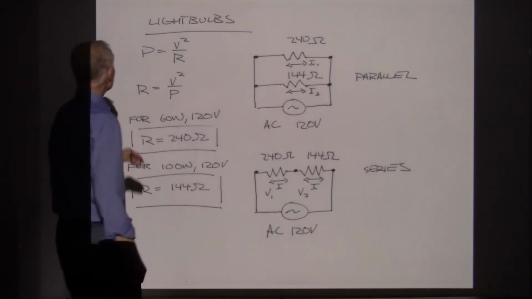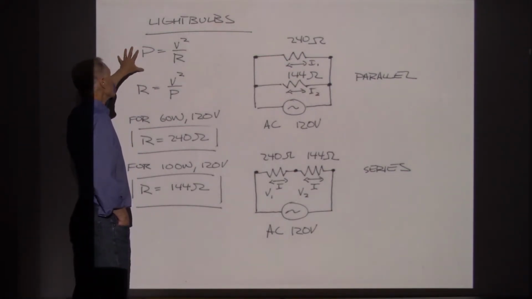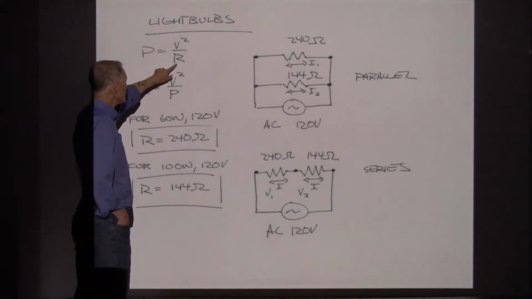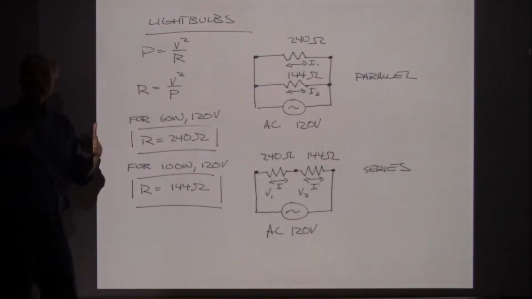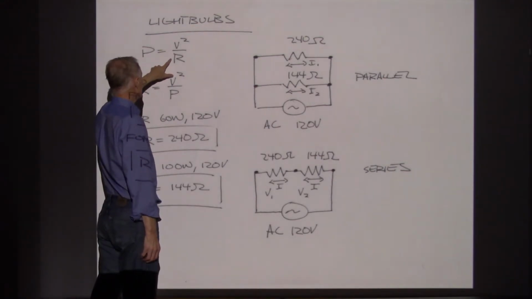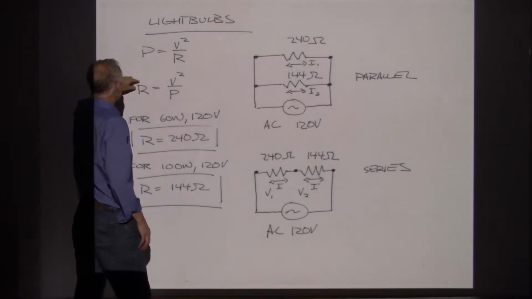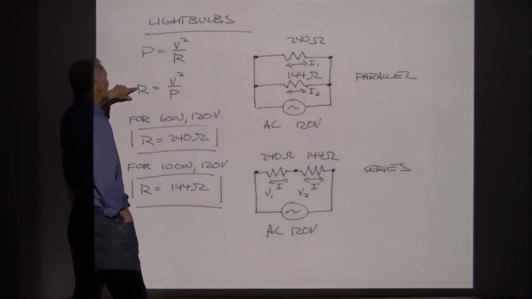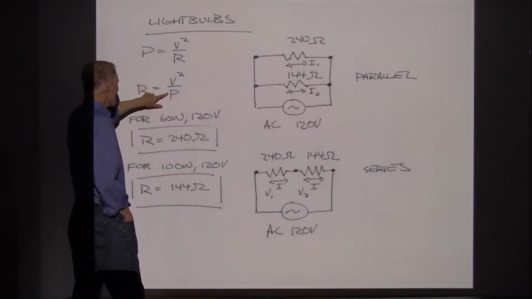Now, one of the formulas we have for the power of a resistor, the rate at which energy is being used in a resistor, is V squared over R. So I'm going to use that formula and solve for R. R is then equal to V squared over the power.